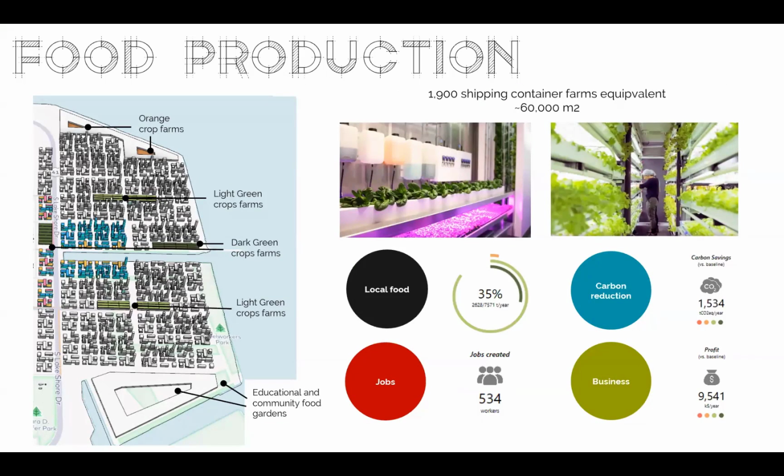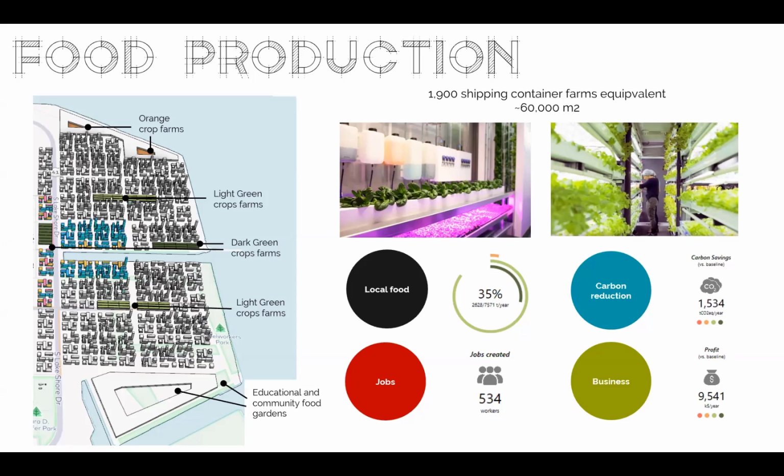So to create farming jobs, we have decided to place farms on the roofs of selected car parks, the ferry terminal and transportation hub, as well as community food gardens near the South End car park. We have investigated different options to optimize for food production, carbon reduction, job creation, and profit.